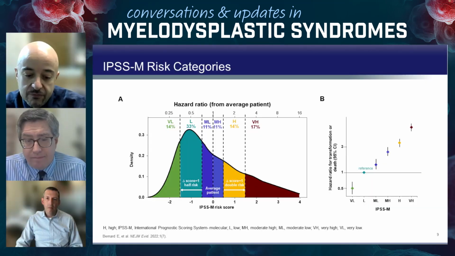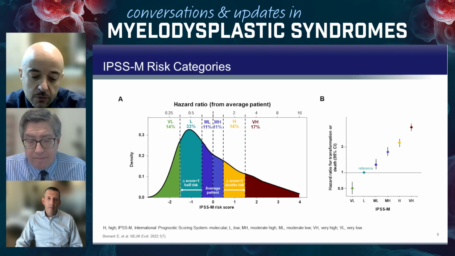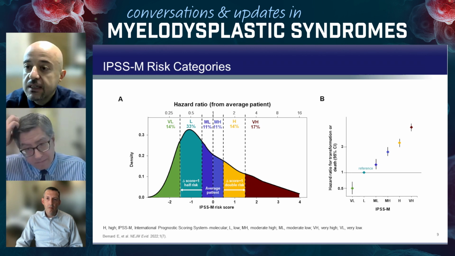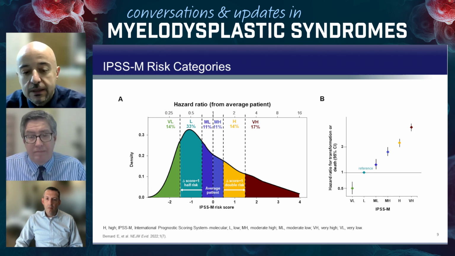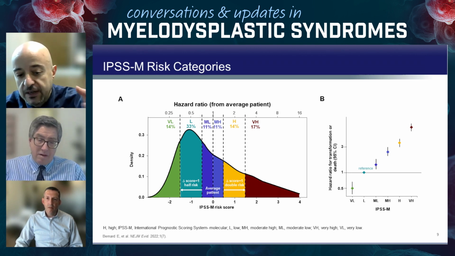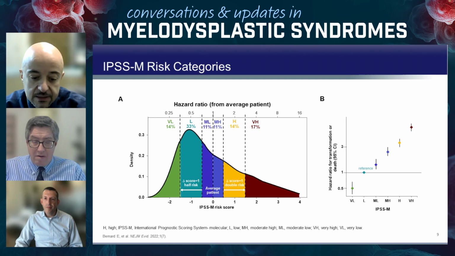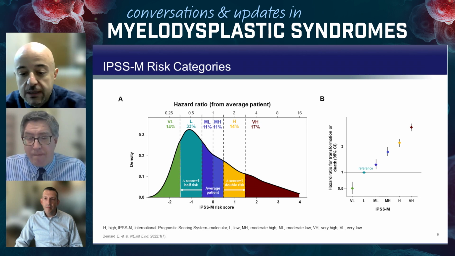On the same hand, we have several models that were proposed for prognosis. Probably the one that gained most momentum is the IPSSM that retains the IPSS revised variables, including blood counts, myeloblasts, and cytogenetics, but incorporates molecular data.